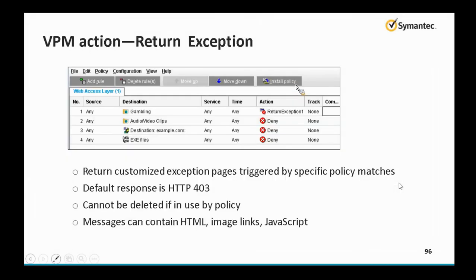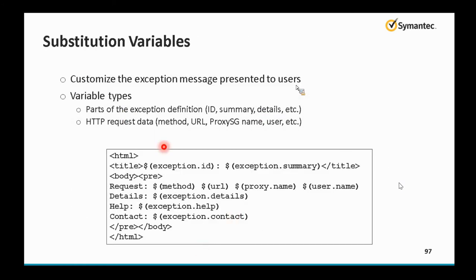Okay, so we can use this in a policy such as what I have just shown you earlier. It can contain HTML, image links, and JavaScript, but we would recommend that you convert the image to base64 and code it in your HTML page rather than an image link. All right? And we also support substitution variables. I used $URL. I can also use different types of substitution variables. I can put the username.